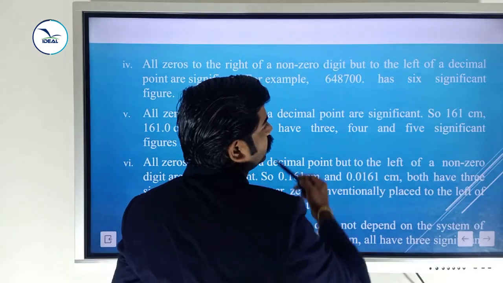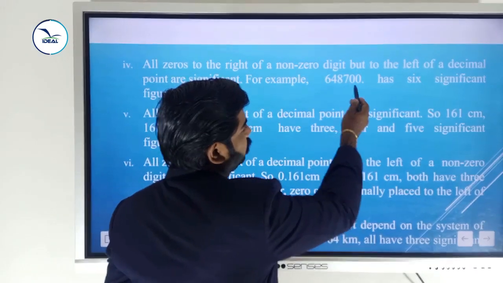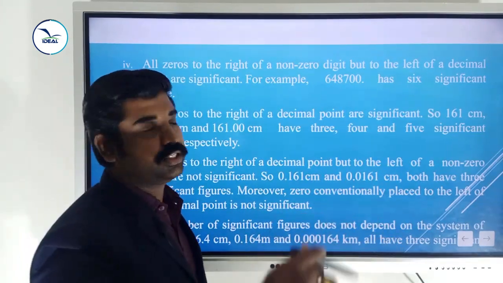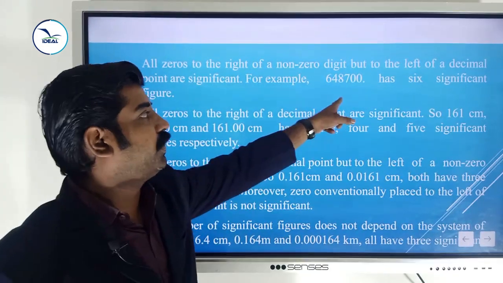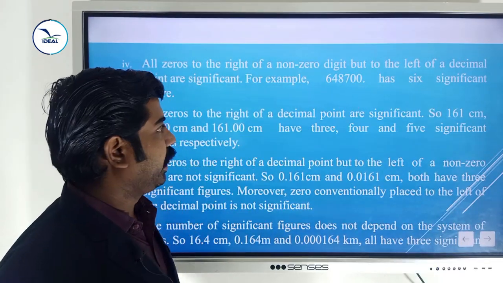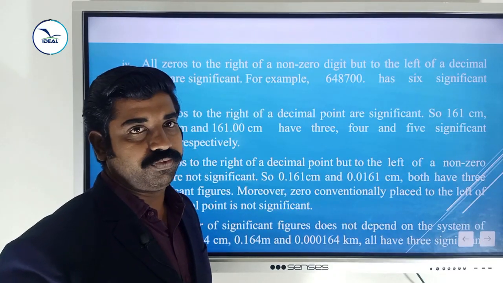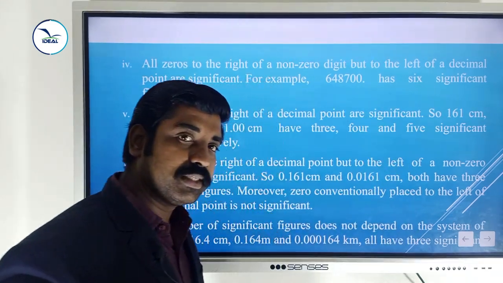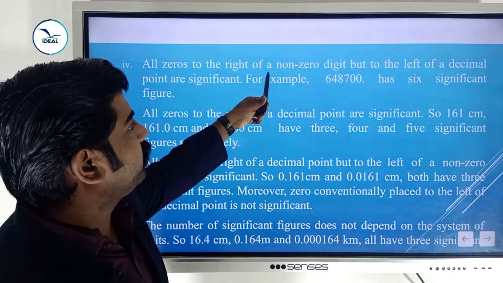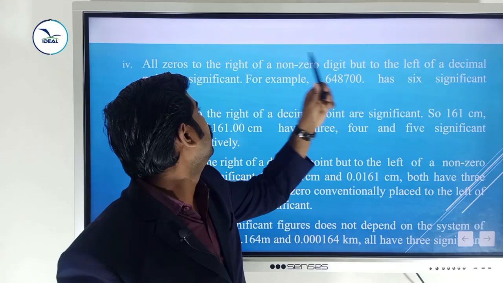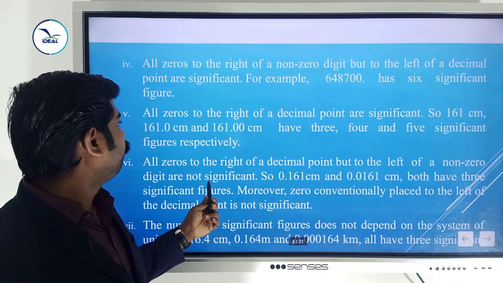For example, 846700. with the decimal point, we consider it to have 6 significant figures. Or if there is another 0 after the point, then it is 7 significant figures. Likewise, all zeros to the right of a non-zero digit but to the left of a decimal point are significant. Clear?